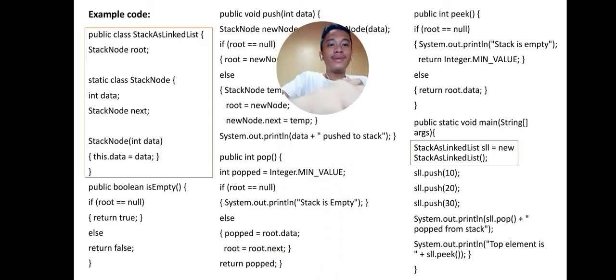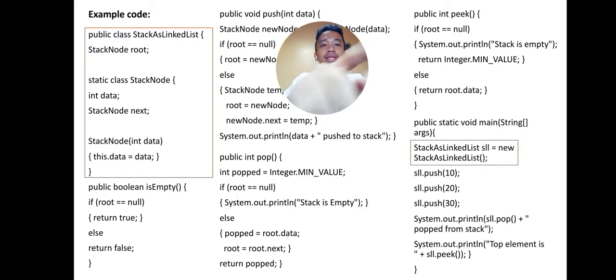And for the public int pop method, it will perform the deletion of data in stacks. And lastly, the public int peek is for displaying the current value of the stacks.